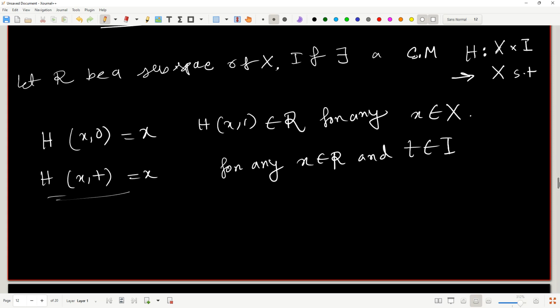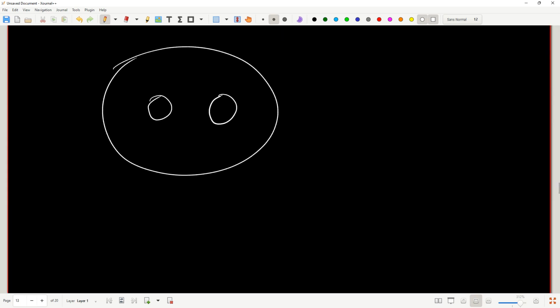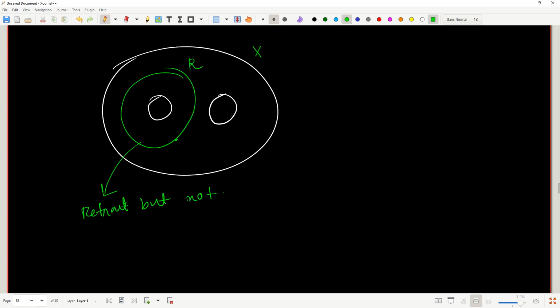And let's say you have a space like this with two holes inside it, and if you have, let's say, this is your R and this is X, then this R is a retract, but not a deformation retract.